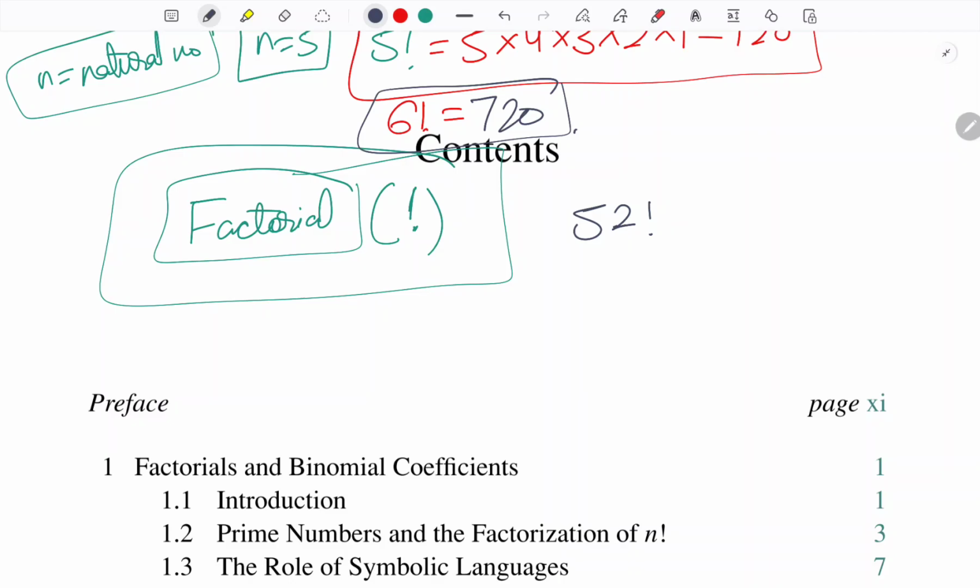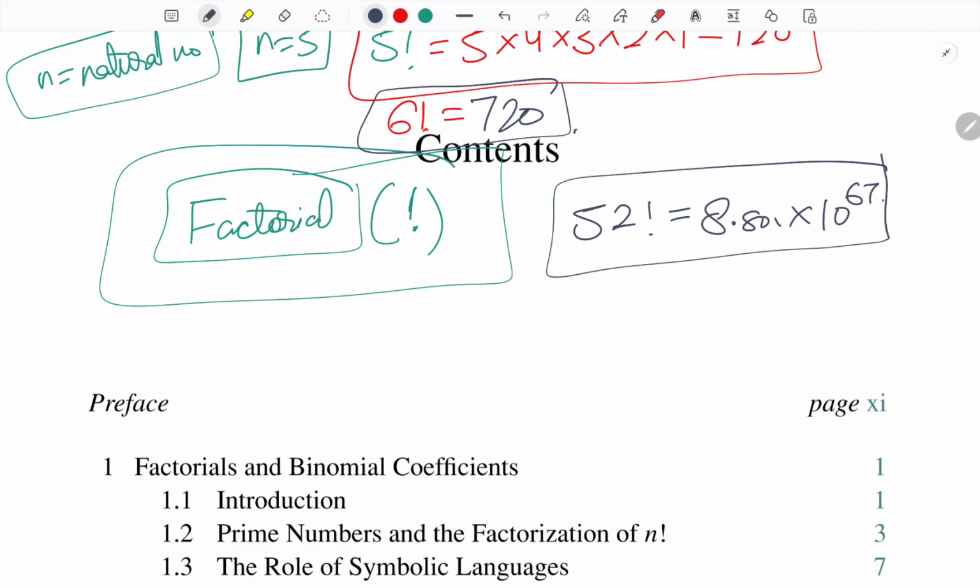What do you think it might be? Maybe billions or trillions or more, but you can't go up to 10 to the power 10 or 10 to the power 20, right? The value of this is around 8 point something times 10 raised to the power 67, I think. So you can imagine how big this number is.